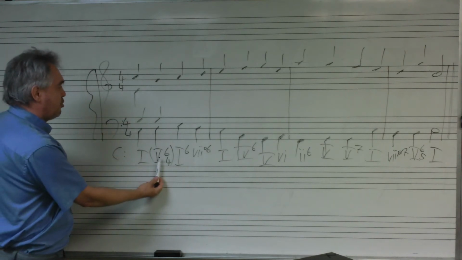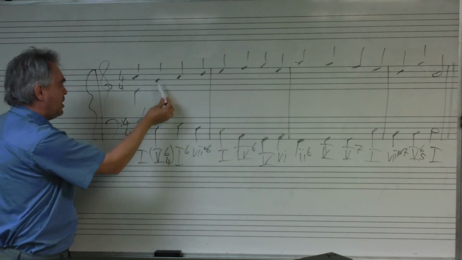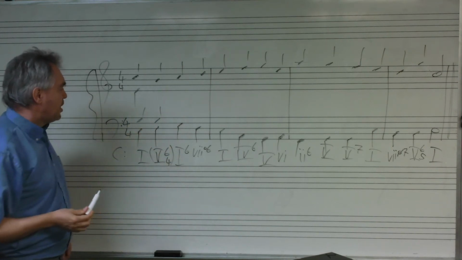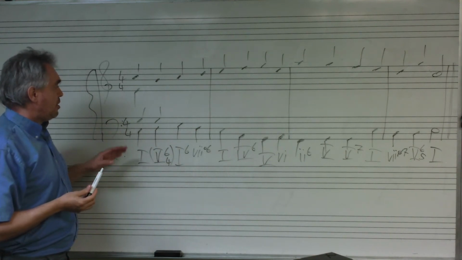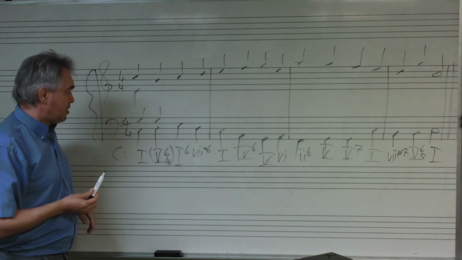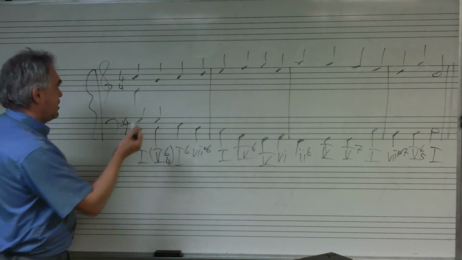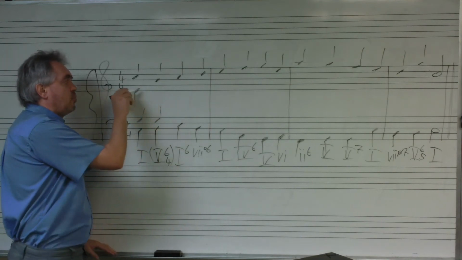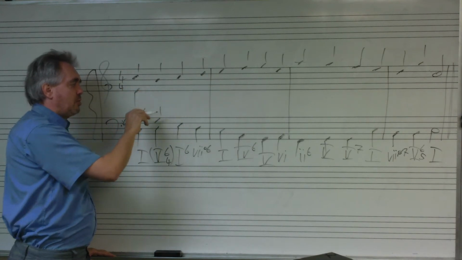A 5 chord is supposed to be spelled G, B, D. So we have G, B, and D. And we may double the 5th, which is preferred, because it's a second inversion triad, but we may also double the root of the chord. In this case, we try to create as small of an interval as possible.